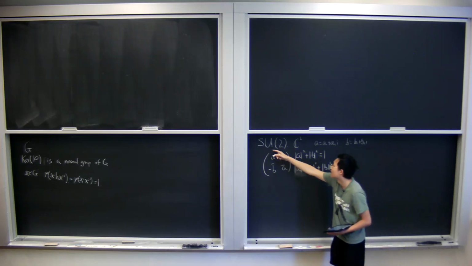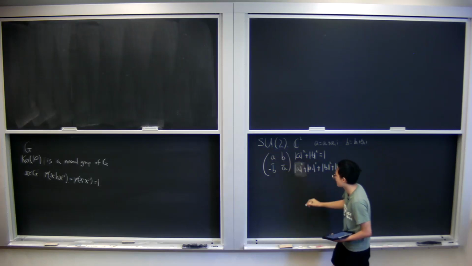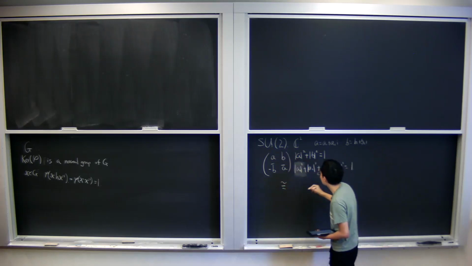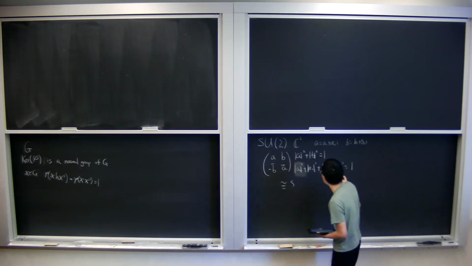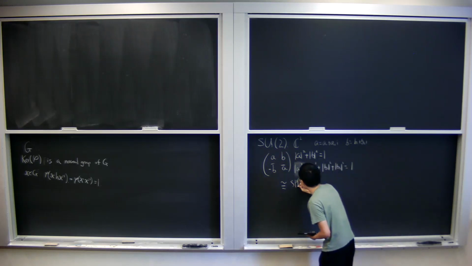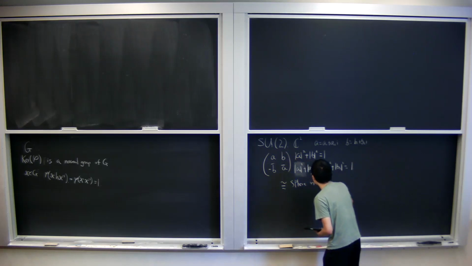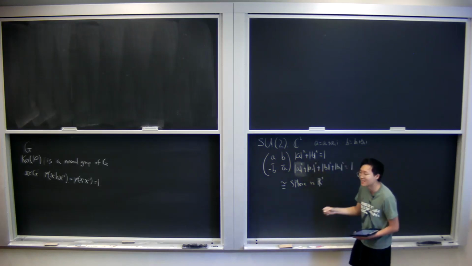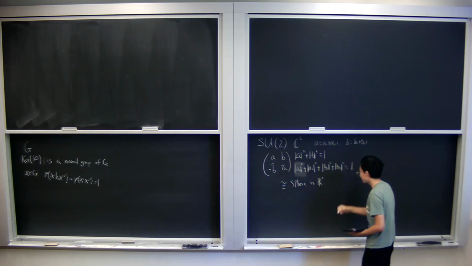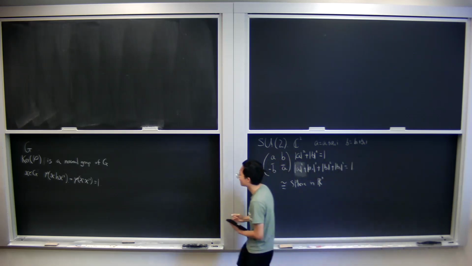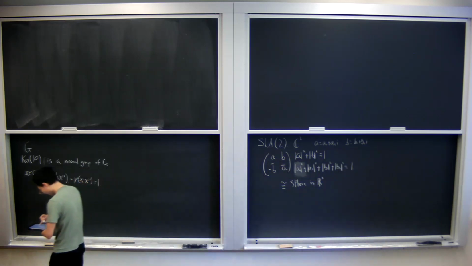So we also know that the special unitary group is isomorphic to the sphere in R3. I mean R4, sorry.